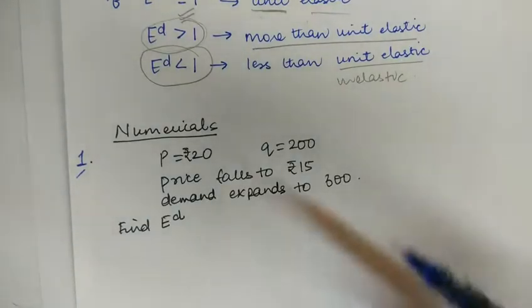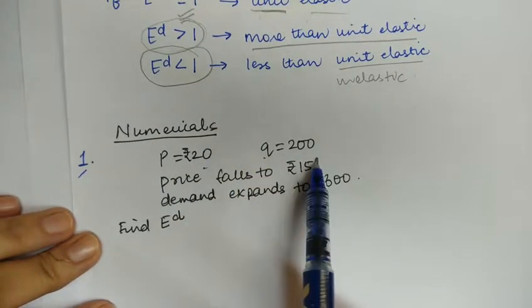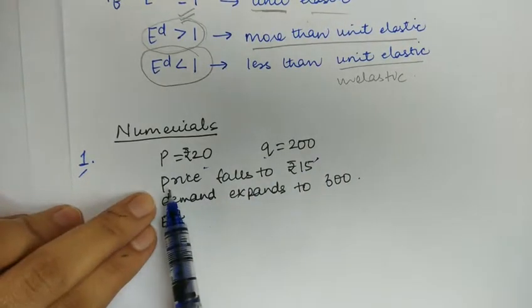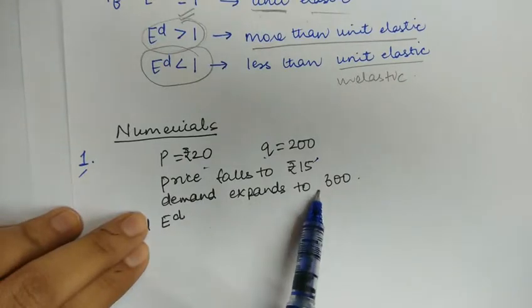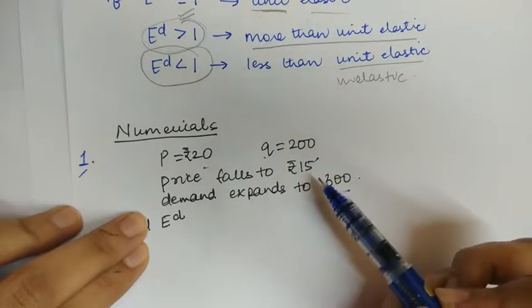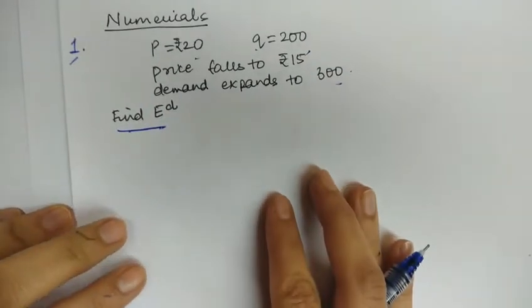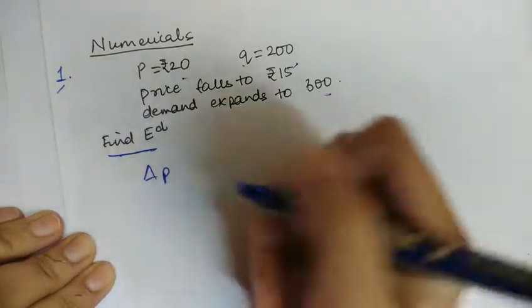So here what do we have? We have price equal to 20 rupees, quantity equal to 200. These are the original price and quantity. And the price falls to 15, and the demand expands to 300 when the price falls to 15. We have to find the elasticity of demand. So the way to do this is that you find the change in price.